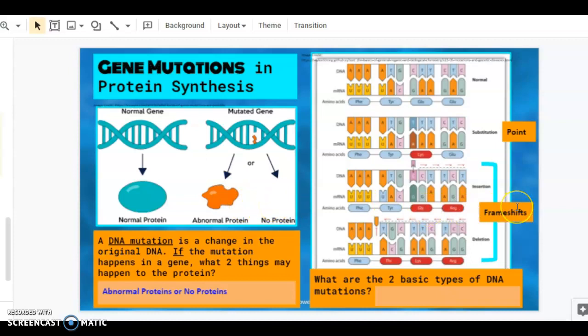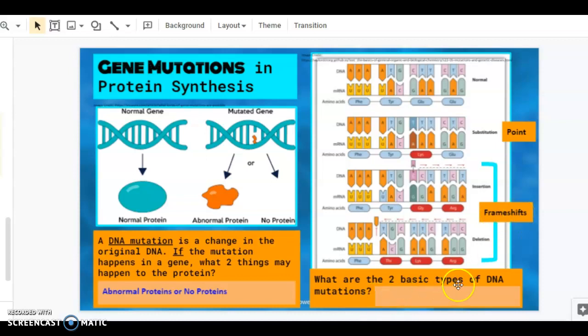But frameshift mutations, especially if they happen early in the gene, cause a lot of change, whereas point mutations will change just one amino acid. That can still mean the protein is abnormal or doesn't get made. But point mutations happen at just one point, whereas frame shifts change the gene from that place where the mutation happened all the way to the end of the gene.